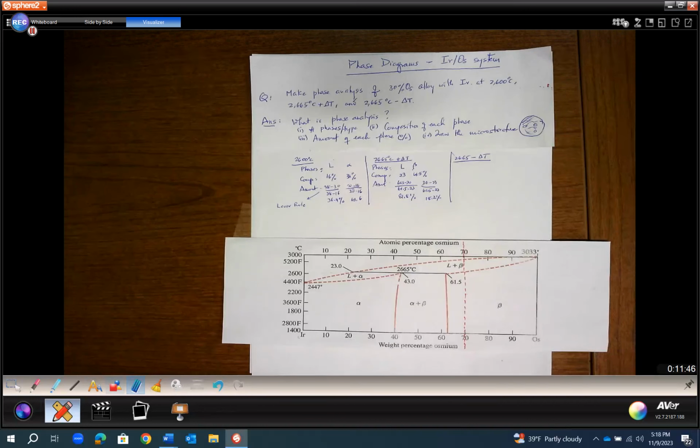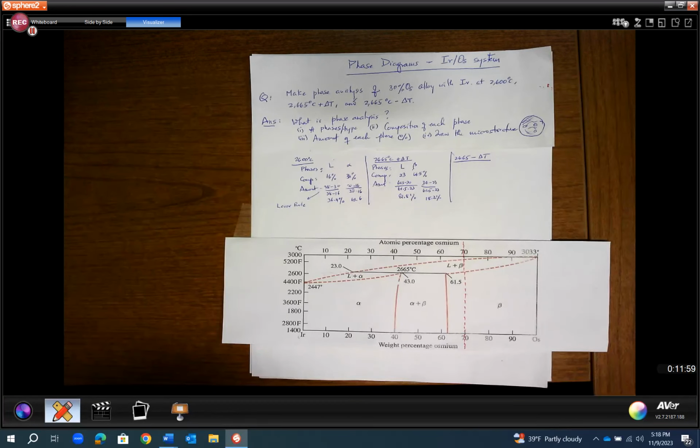So we were looking at this point, 2665 at 30% there, right? That point, slightly above 2665. Now we are asked, again at 30% composition, slightly below, right?